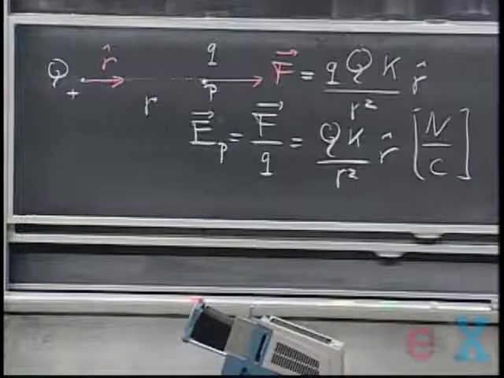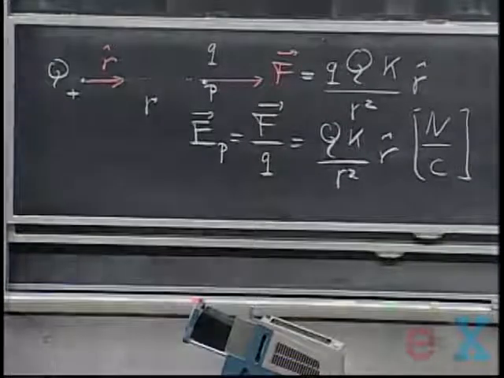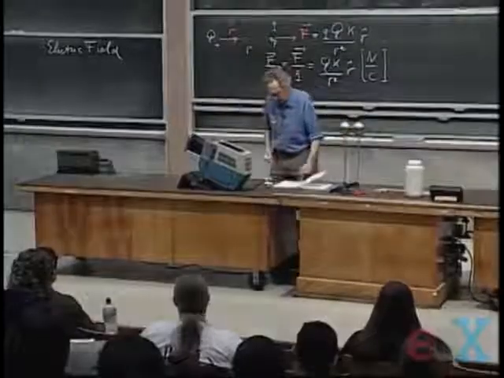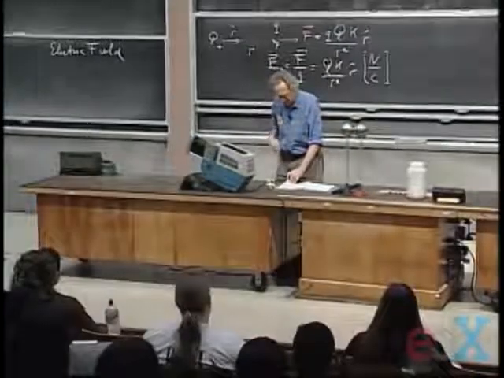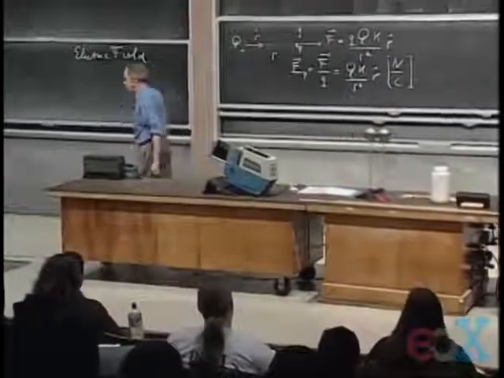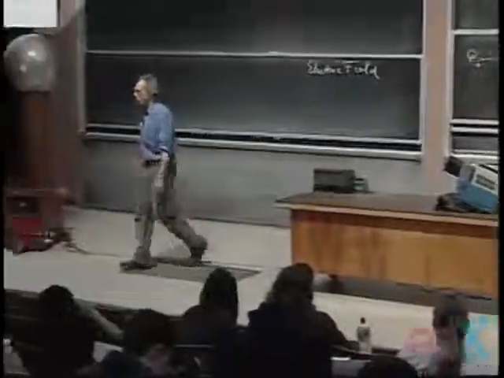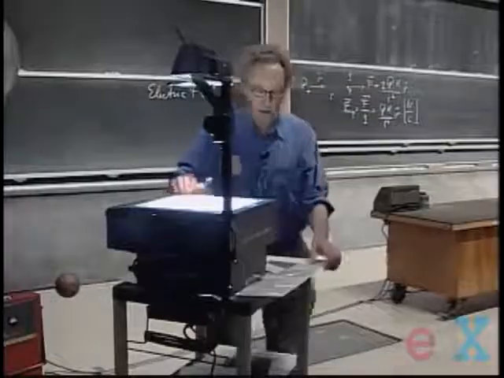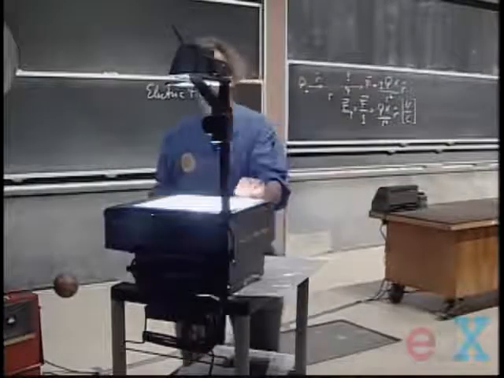Now, we have graphical representations for the electric field. Electric field is a vector, so you expect arrows. And I have here an example of a charge +3.